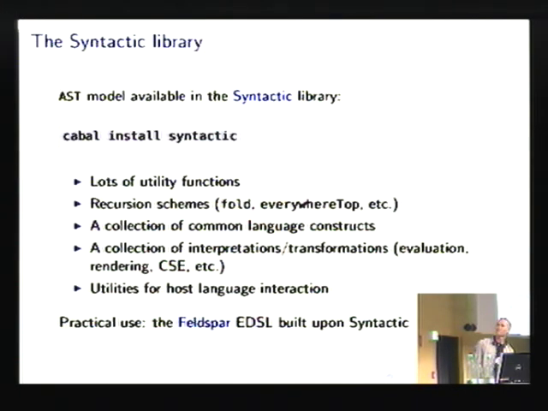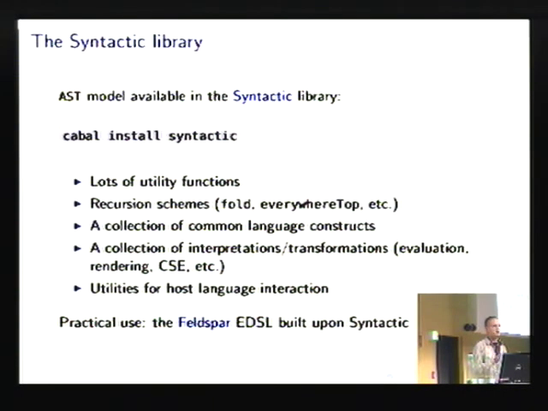Let's see. So this AST model is available in the Syntactic library, which you can find on Hackage. And the intention is that Syntactic should be this general library of building blocks that you can use to implement DSLs. But I should say that there's a lot of experimental modules in this library, so it's still work in progress.